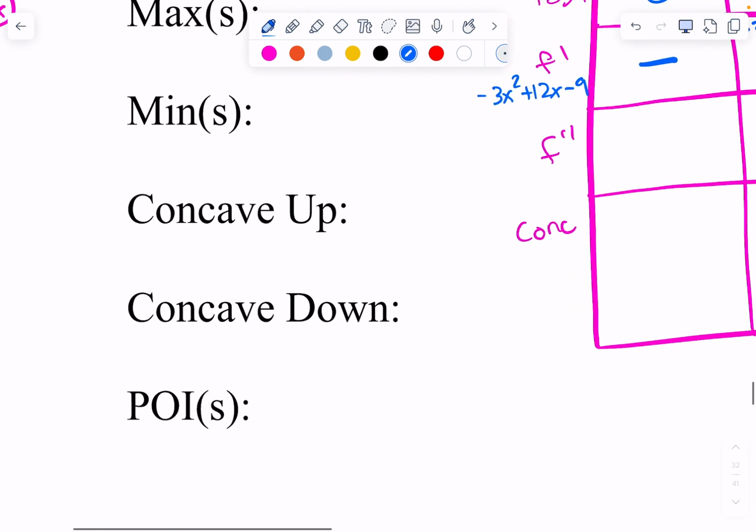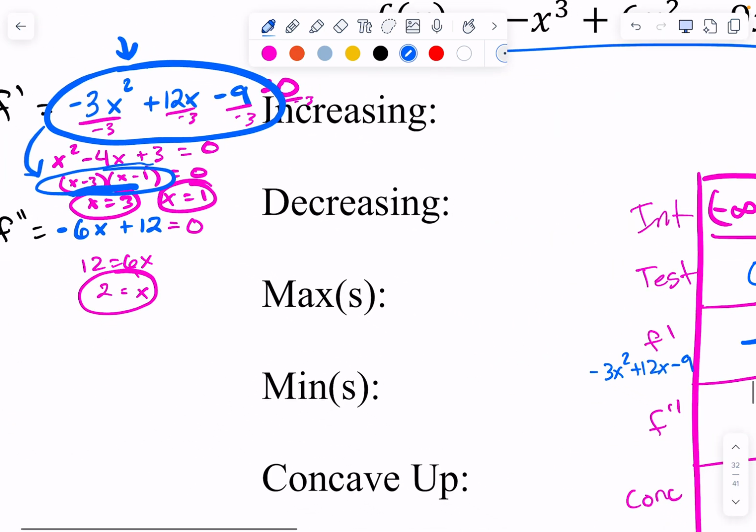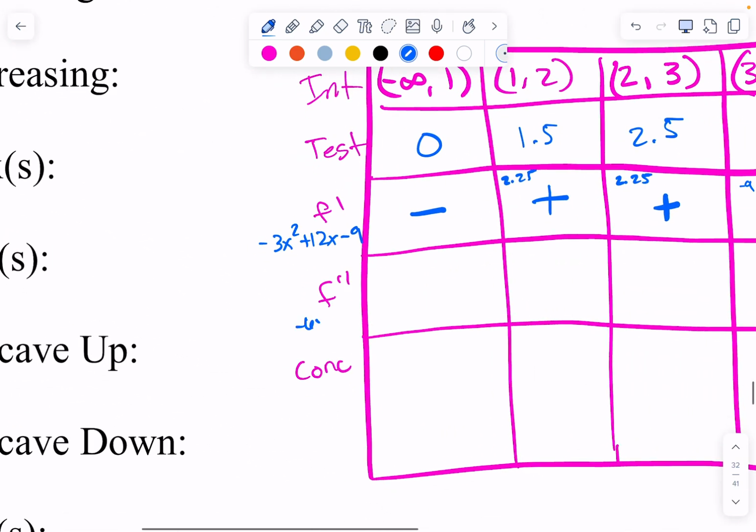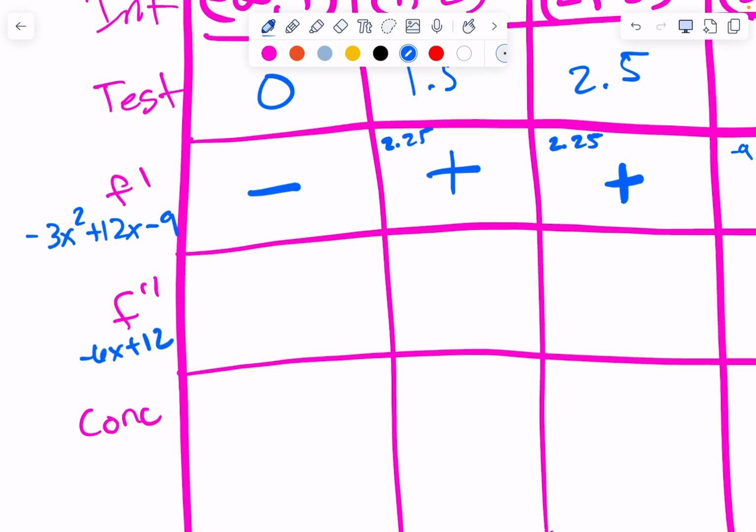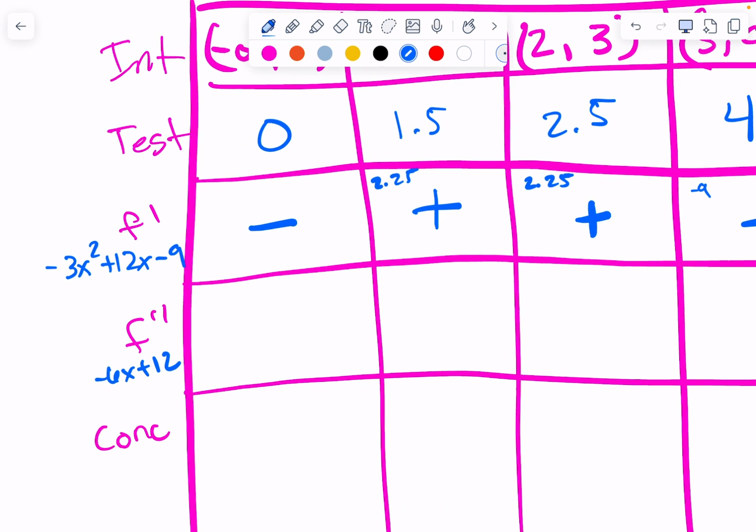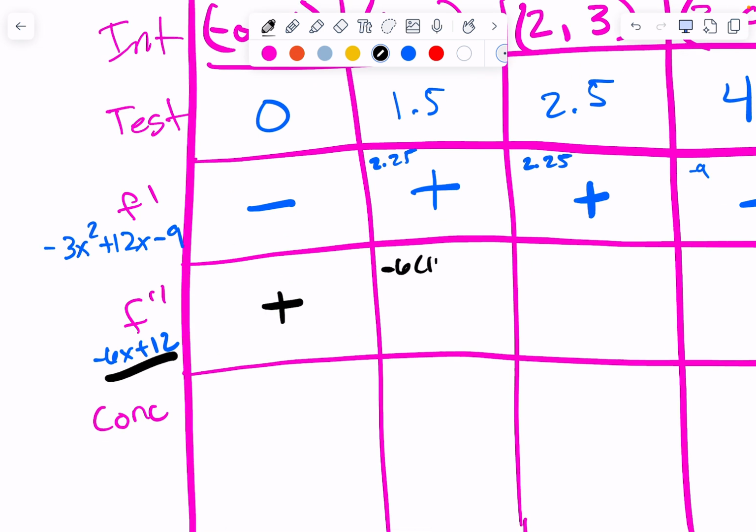Okay. Double prime is negative 6x plus 12. Did I not tell you how sick it is? Okay. You didn't believe me. All right, you can do this. Negative 6x plus 12. If I plug in 0, you get plus. If I plug in 1.5, what's negative 6 times 1.5? Very good.